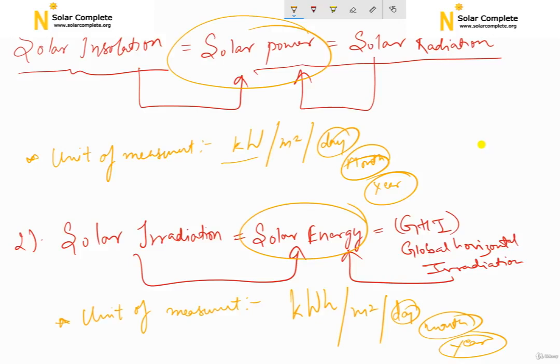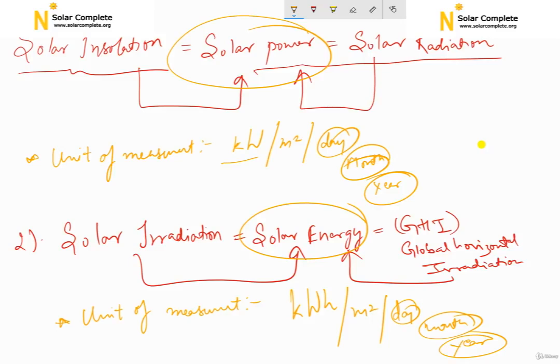Okay, so power is the capacity to do work. Here power consumption is happening in our home, and our electrical appliances are consuming the power. Now for what duration it is consuming the power, that becomes energy.